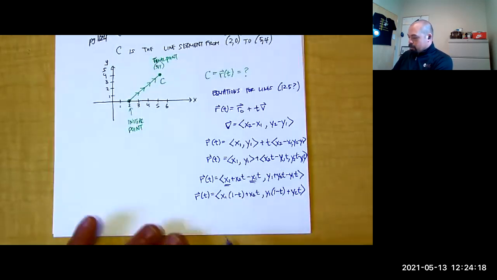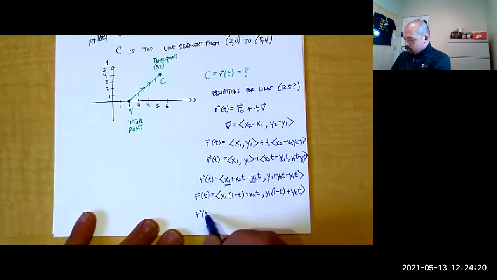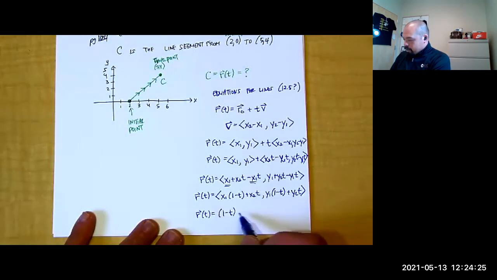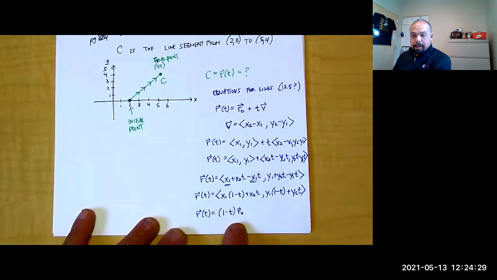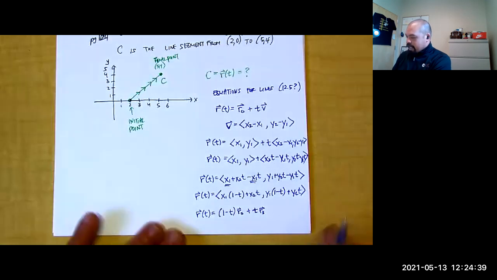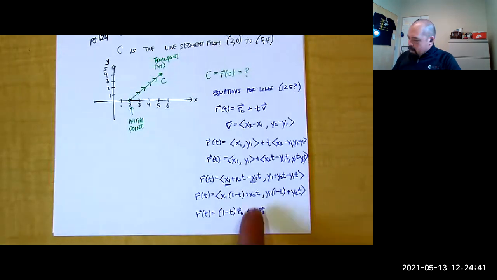And if I start to break those components up again, 1 minus t times r naught, my initial point, plus t times my final point we'll call r sub 2, but again, I know it's going to be r sub 1, but that final point, okay?